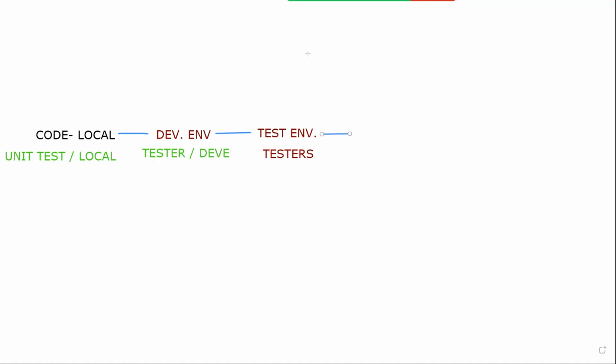Now, once all the modules have been tested, they have to be integrated together, right? When they integrate it together as a part of the system, it will be called SIT. SIT environment, that is the system integration testing environment.